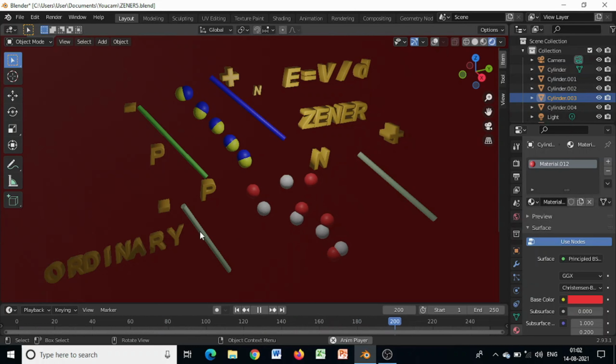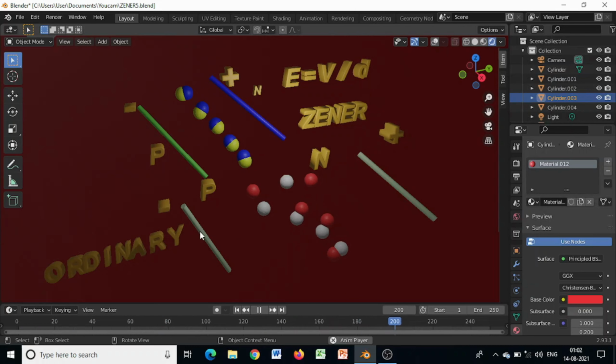Here is also 0.7 electron volt, for silicon. Then in the ordinary diode, it will require 5 electrons and 5 holes to recombine at the junction to create the same barrier potential of 0.7 electron volt at the junction. But look, these 5 electrons and 5 holes are available in a larger volume in the ordinary diode in comparison to the Zener diode, due to lower doping concentration in the ordinary diode.